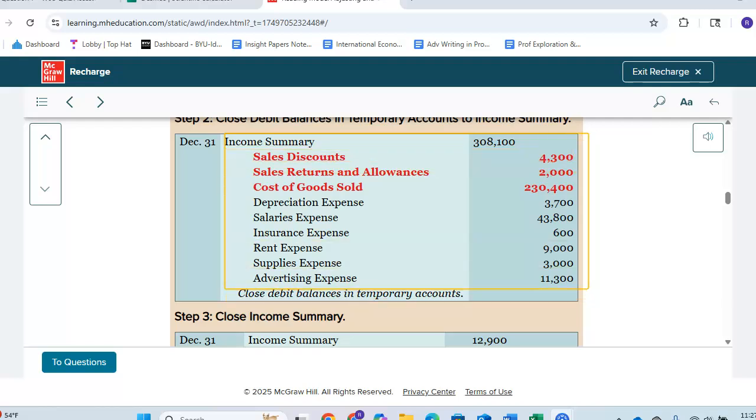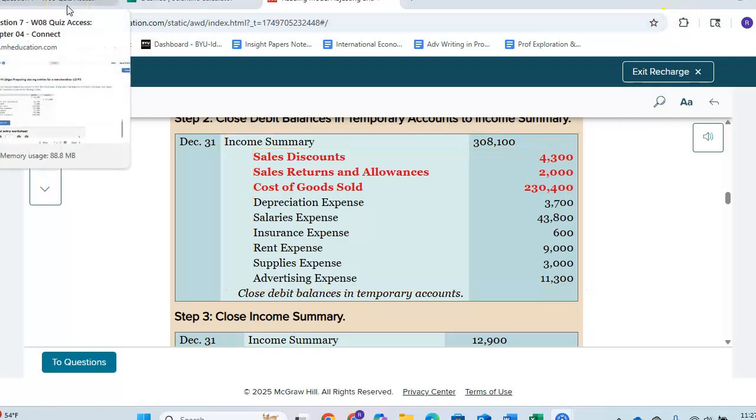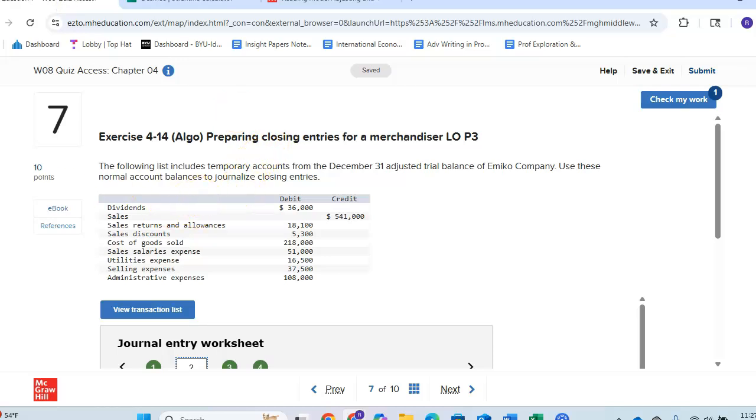And so the inverse would be debiting income summary by decreasing income summary by the expenses or debit accounts. And these are all the different debit accounts that the book lists, basically expenses that the company has.